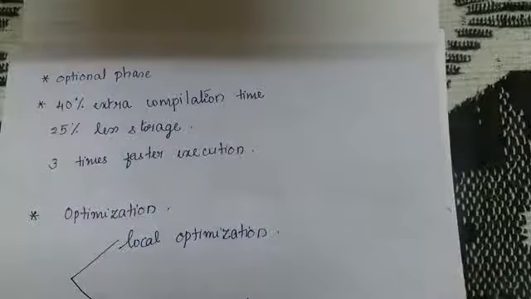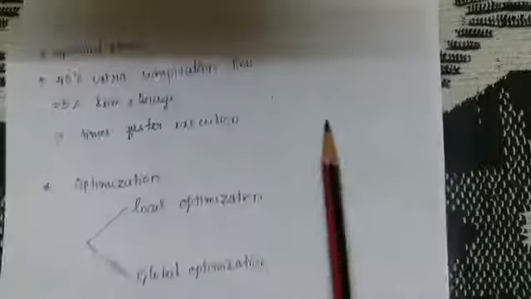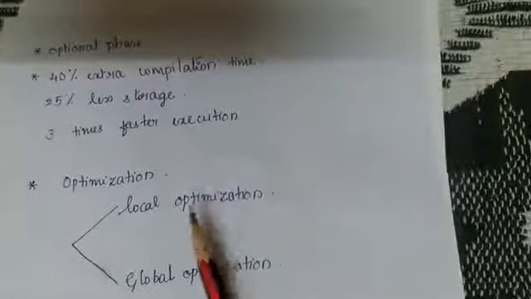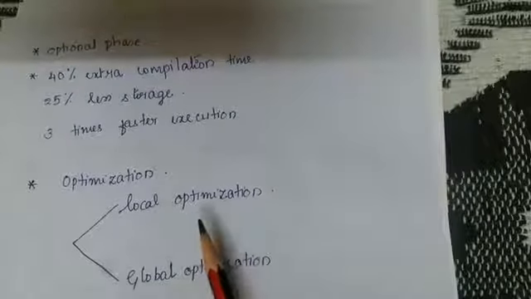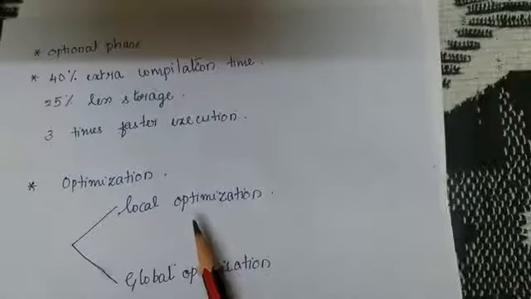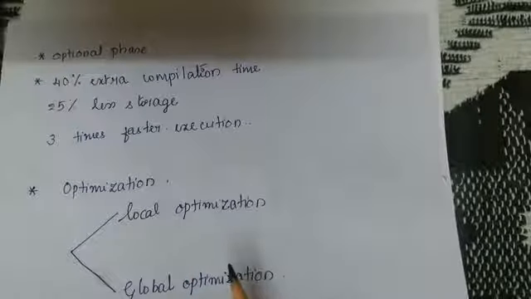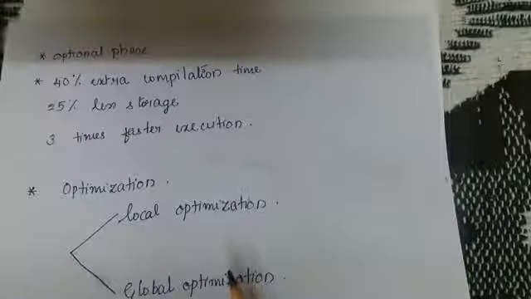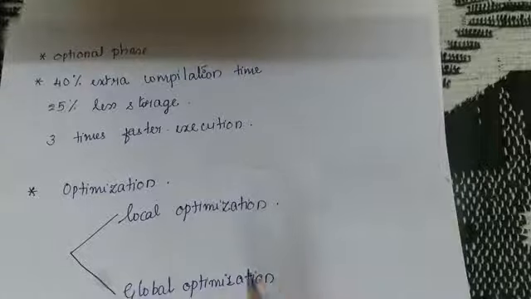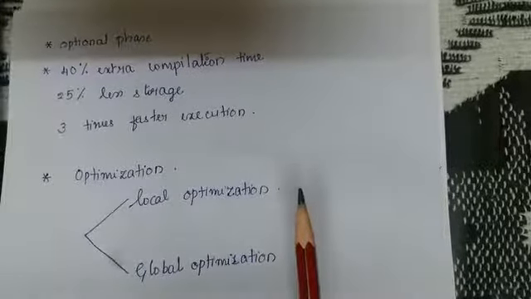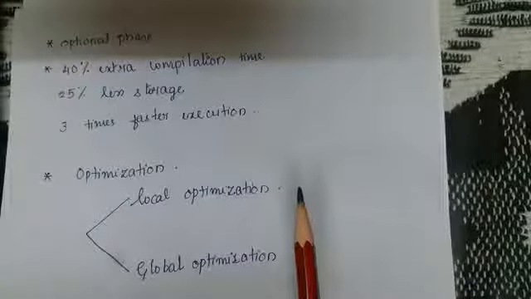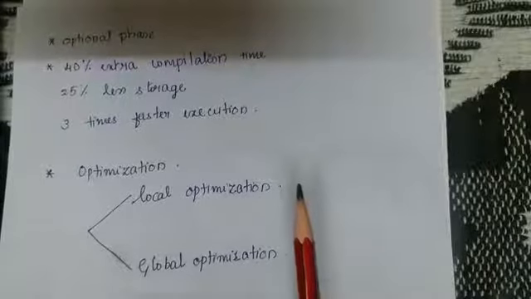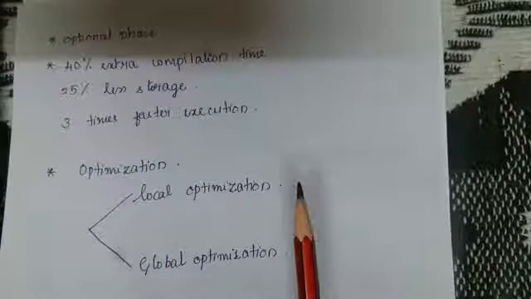Optimization can be classified into two: local optimization and global optimization. Local optimization is the transformation applied over small segments of the program, that is, the optimization is done on the basic block.